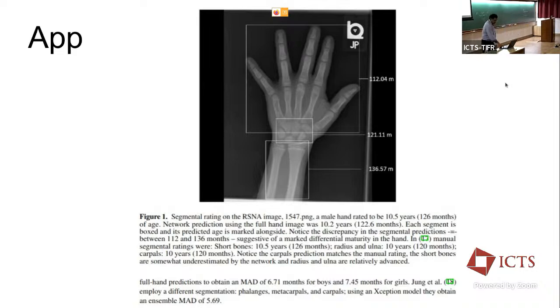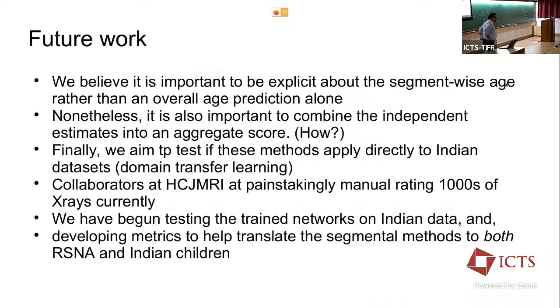Okay? And I'm going to give you a slide of the future work that we're working on. We believe that it's important to be explicit about segment-wise age rating. At the same time, we also want to be able to combine those independent segment-wise age ratings into an overall assessment.